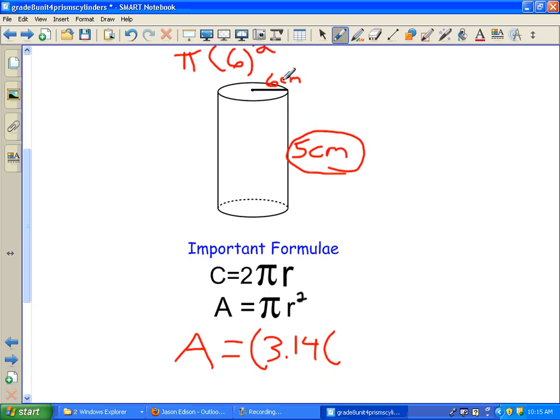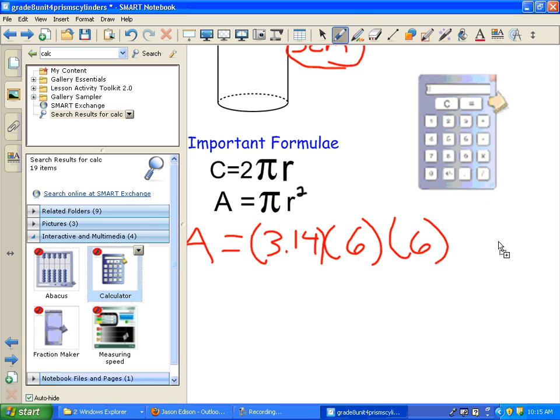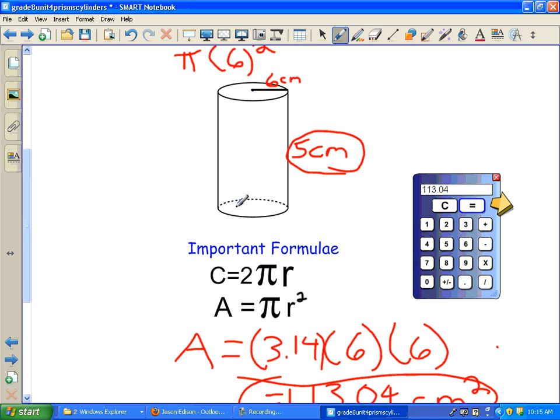So I'm going to go 6 times 6. Now I'll get my calculator and figure out what the area of that circle is. So it's 3.14 times 6 times 6 equals 113.04 centimeters squared. So that's the area of this right here.